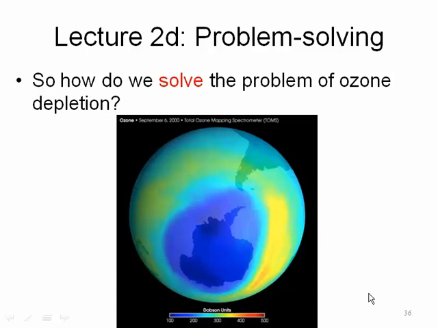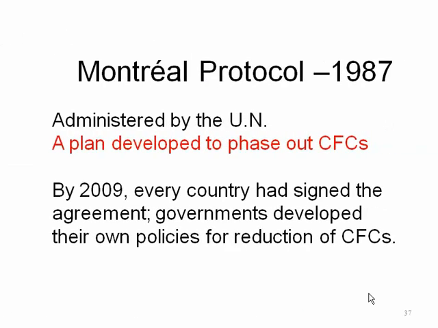So in our final segment, we'll look at how we solve the problem associated with ozone depletion by reducing our introduction of CFCs into the atmosphere. Once the problem was recognized, governments started to take action, and they recognized the threat to human health through the increased skin cancers.